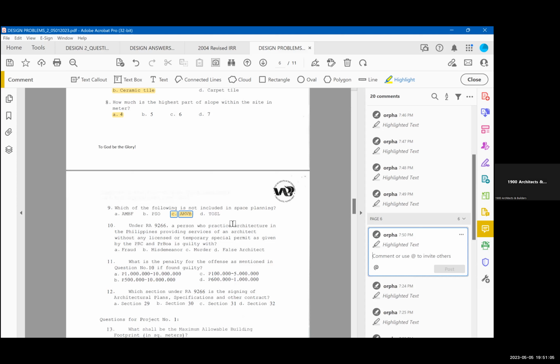So from here, pipili tayo. So I think obviously it's not letter C. So letter D, it's not false architect. Hindi naman natin nagagamit ang term na false architect. So it's either A or B. So the answer here, but please verify mo to ha, is letter A. It's fraud.